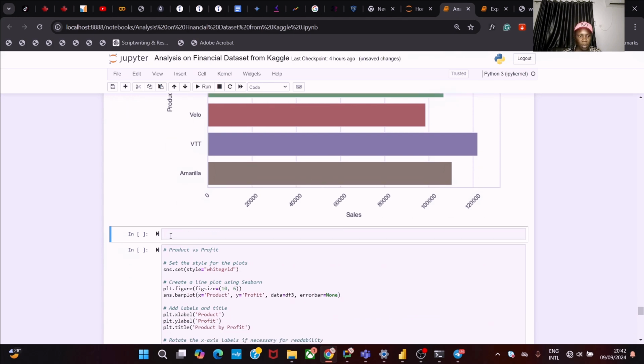So we can simply write a story here. The diagram shows the sales of products.